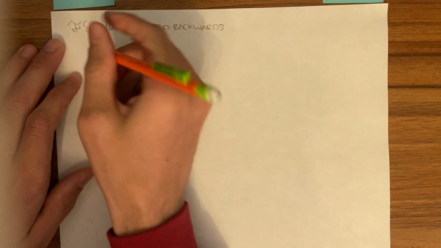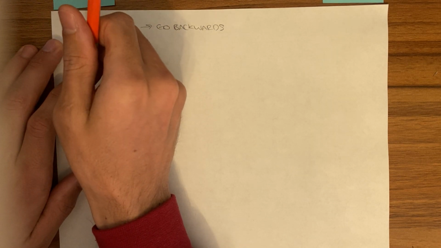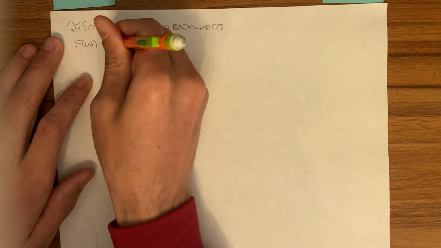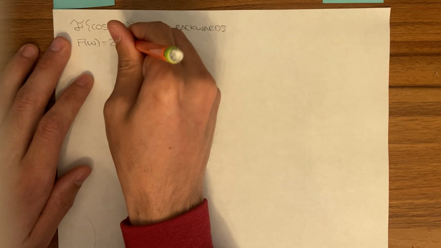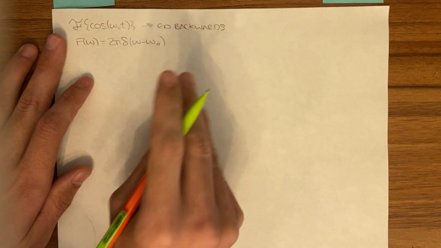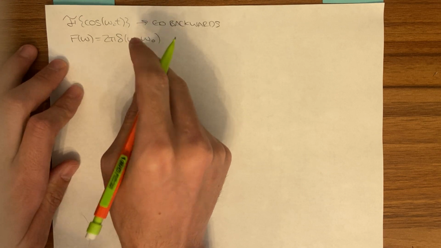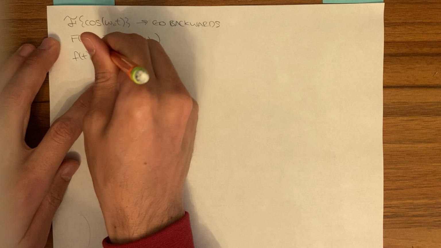Okay, so remember that, suppose we have a Fourier transform F(omega) equal to 2 pi delta(omega minus omega naught). So it's a shifted delta function, not a delta function that's centered, but one that's been shifted. Okay, so we take the inverse Fourier transform of this.